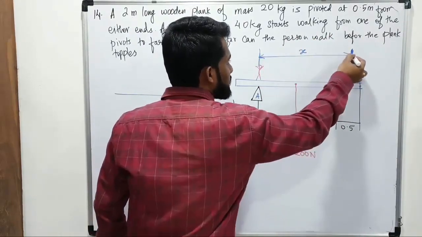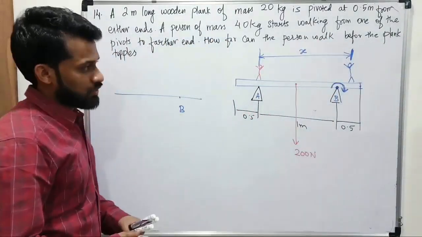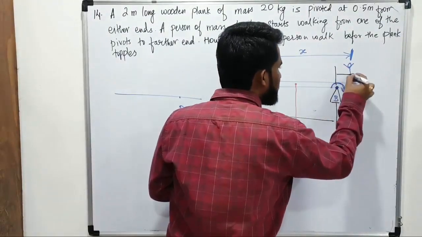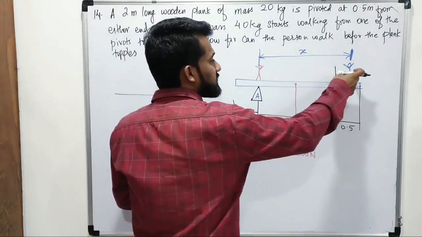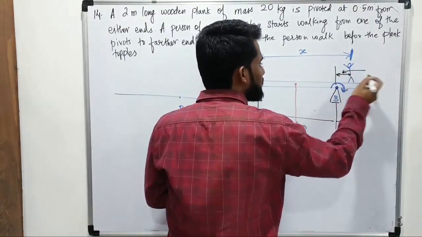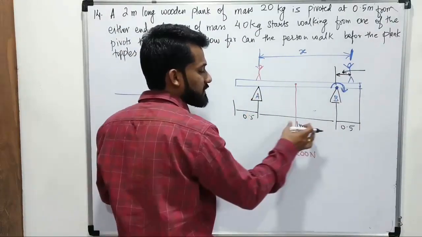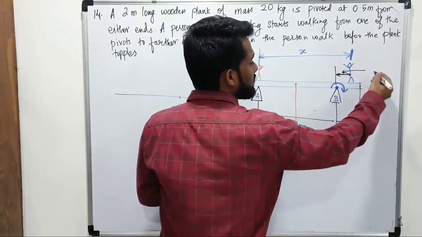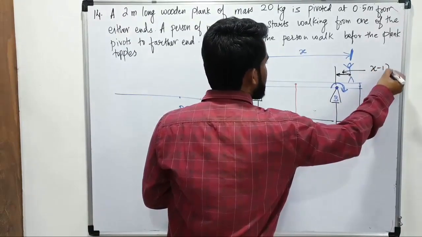So from point B, how much distance will this be? From point B, this distance will be x minus 1, because between A and B, the support distance is 1. So the distance beyond B will be x minus 1.